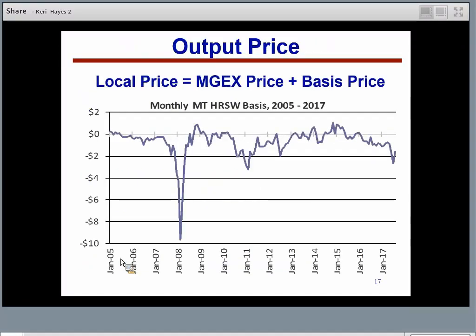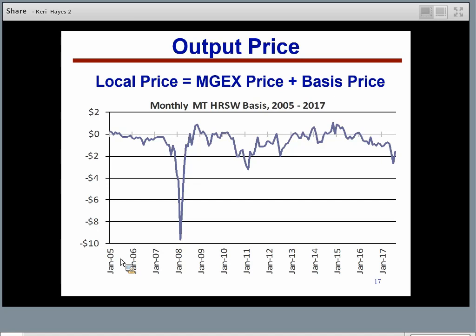And so the final element that I'm going to talk about is this idea of the basis price. And you've probably all heard of this. But for those of you who haven't, we have, again, that exchange price, the MGEX price, the price from the Minneapolis Grain Exchange that's traded based on national wheat prices. And then you also have the price that you're going to get right here in Montana. The difference between those is called the basis price.